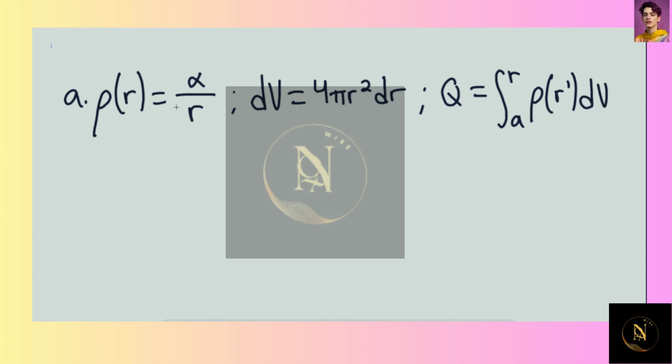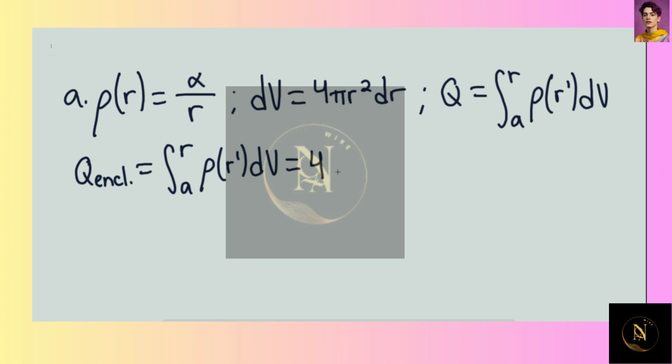And so for a Gaussian sphere of radius r, we can say that the charge enclosed would be equaling the integral from a to r of rho of r prime times dV. This is essentially equaling 4 pi alpha times the integral from a to r of r prime dr prime.